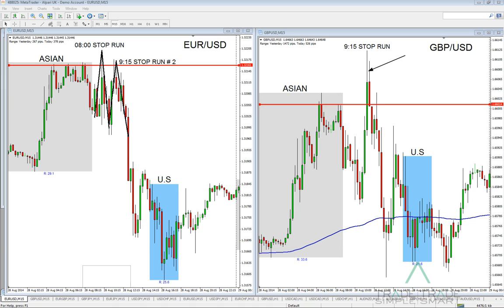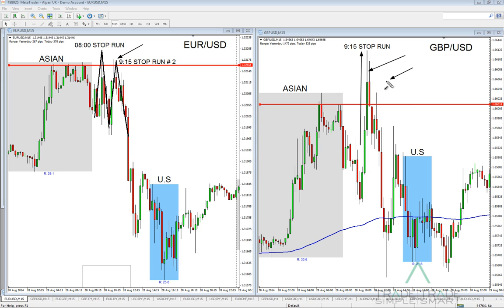In the euro dollar, we had the second leg of the M formation, which penetrated the Asian highs, and at the same time on the sterling against the dollar, we had an aggressive move to the upside, where smart money induced the buyers into the market.